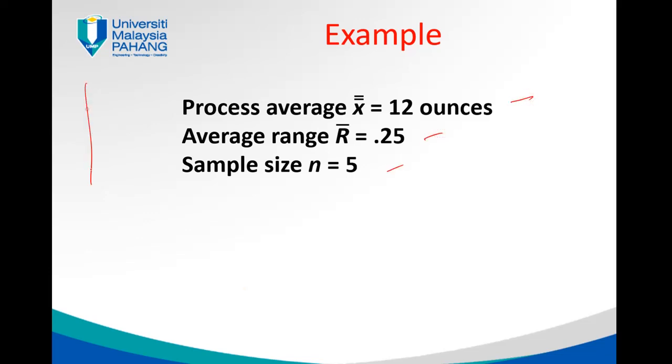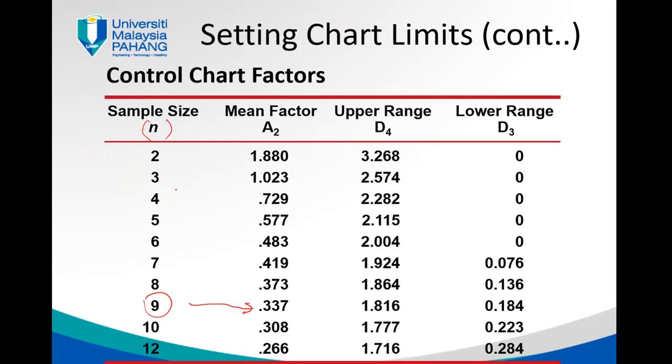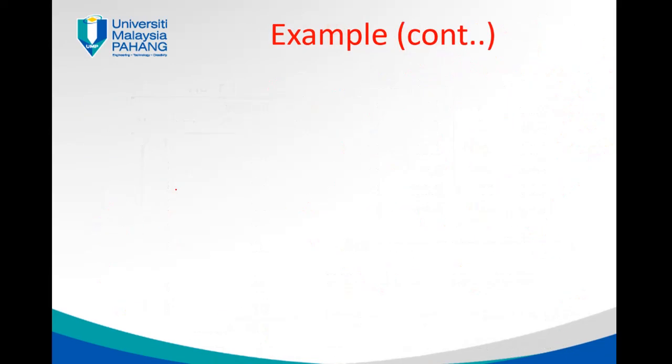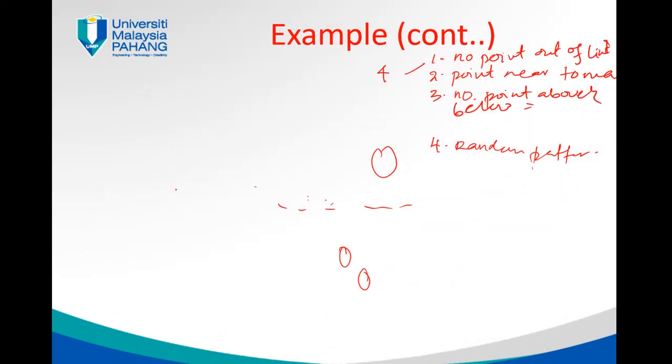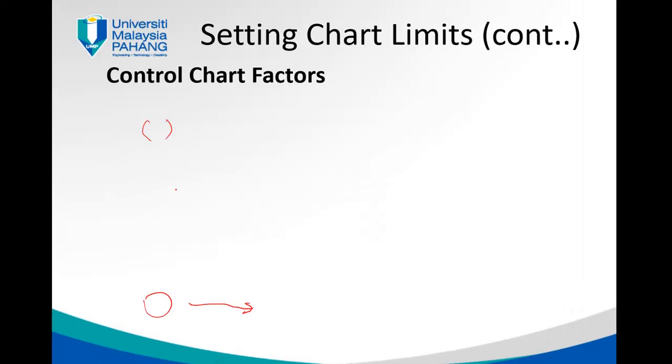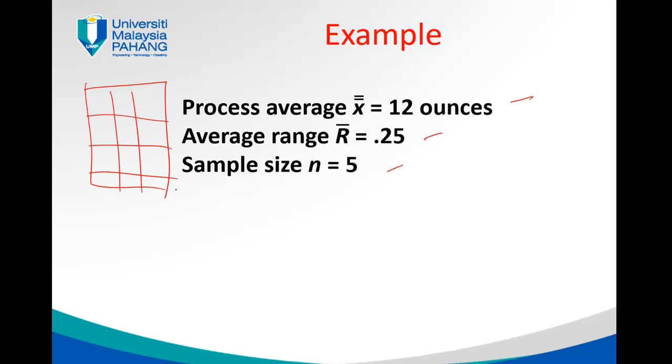You will be supplied with the detail of the table, as in the example here. So you need to know how to calculate x double bar, how to calculate R bar, and how to determine n, the sample size.